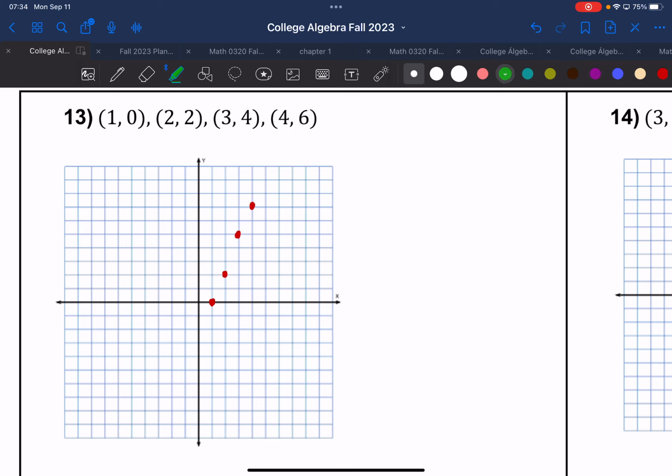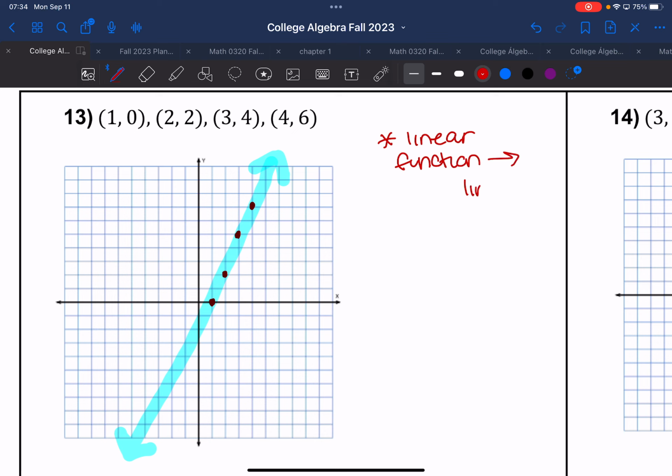I am now going to connect these points with a line, and when I do that, I'm going to make that line go all the way top to bottom with arrows on either side. Okay. So is this a linear function, yes or no? Yes, because remember, linear function means a line. So yes, it is linear.